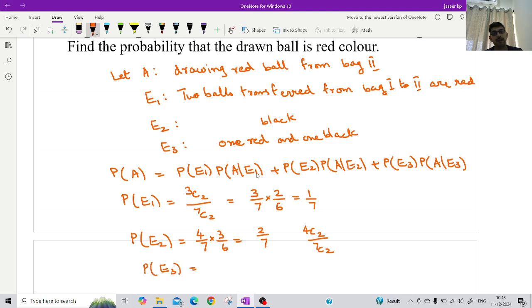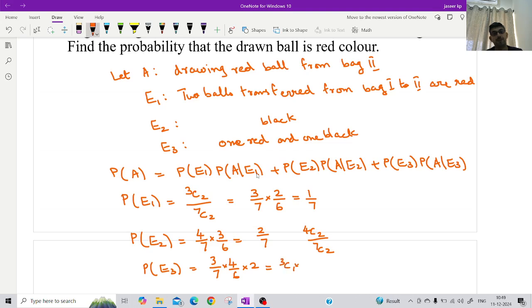So 1 black, 1 red. So 3 by 7 into 4 by 6. And this should be multiplied with 2, because it can be red black or black red. So that's why we have to multiply that with 2. So that is also can be done with combination.